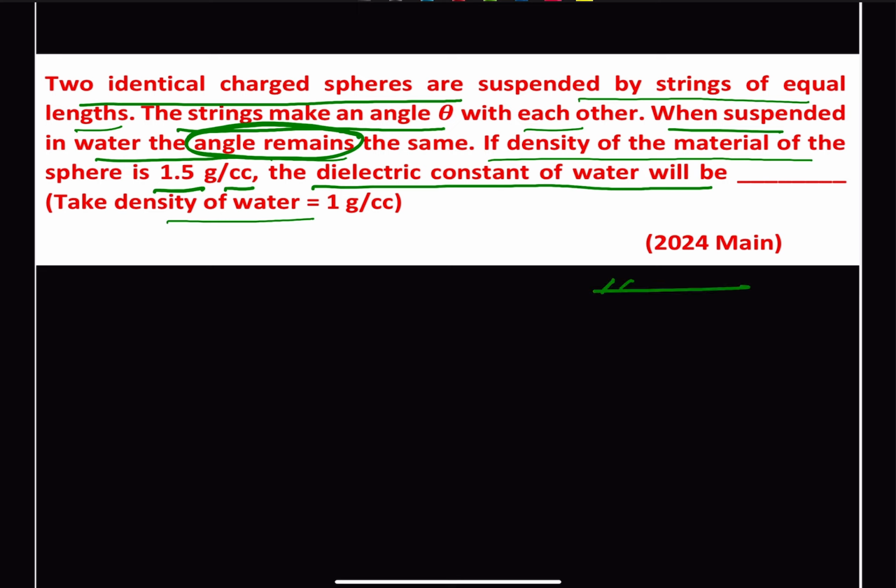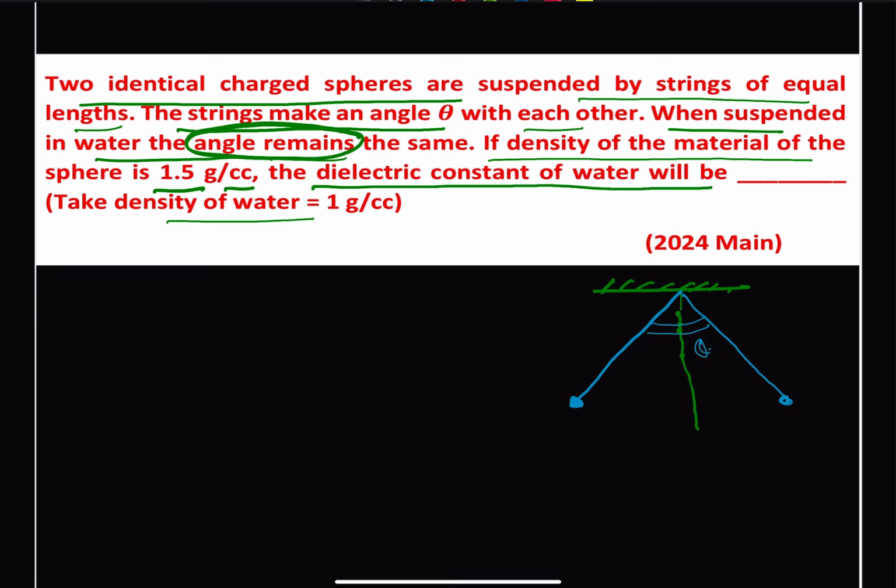Suppose this is the point, this is a vertical position, and they are identical charged, so because of that there will be some force of repulsion between the two, and the strings make an angle with each other, theta, so this angle is given as theta.